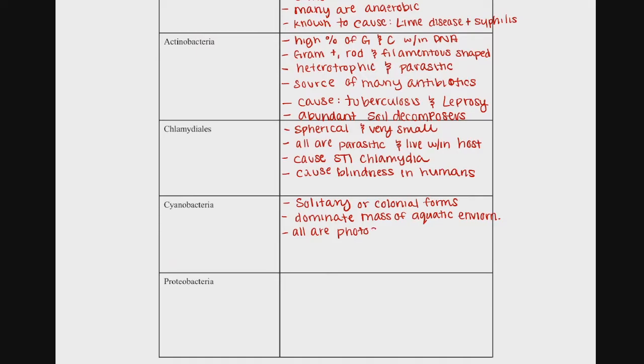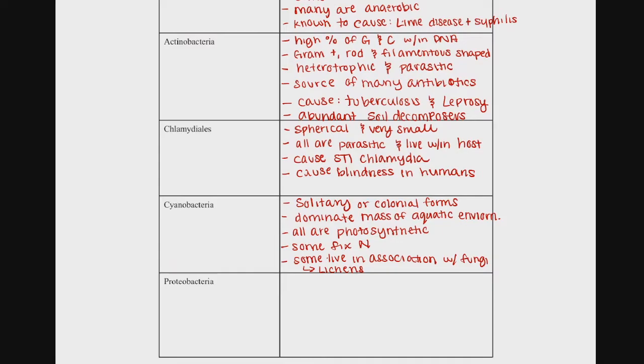And some can fix nitrogen. And some live in association with fungi. These guys that do so are called lichens. And they're really cool kinds of cyanobacteria.